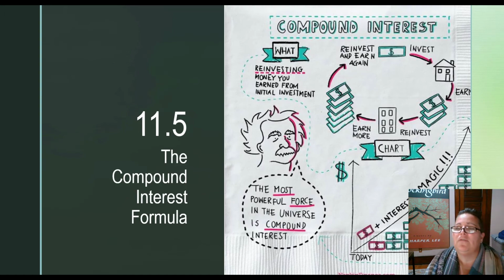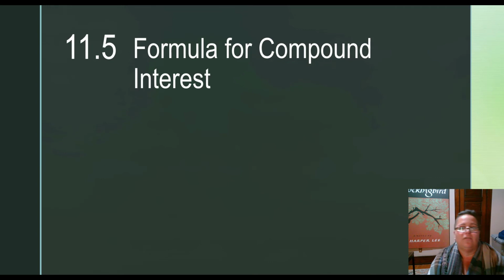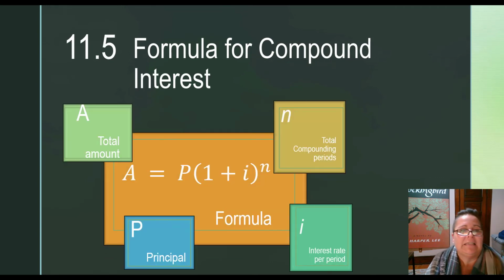So the formula for compound interest is as follows. A is equal to P times 1 plus I to the nth power. This is A, as in the total or compounded amount, is equal to P, your principal. That's the amount of the investment or of the loan, times the quantity 1 plus I. This is your interest rate per period.